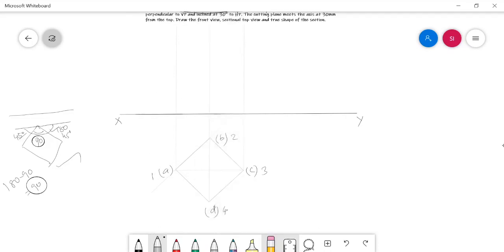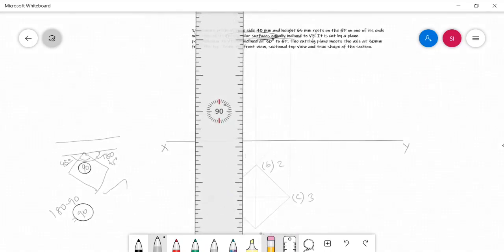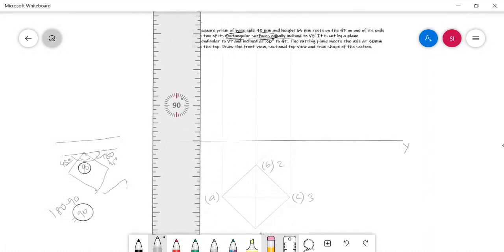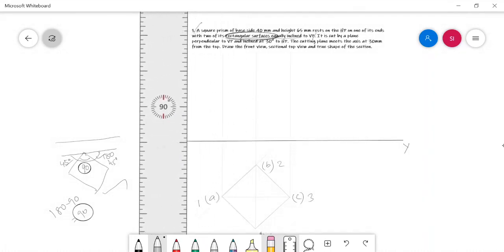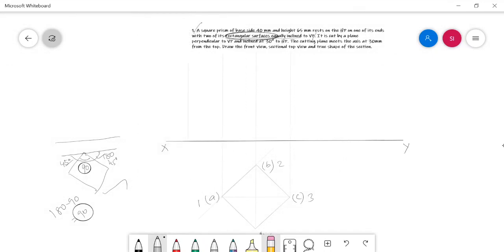The axis height of the solid is given as 65 mm. So at this height I have to draw the face of the solid.